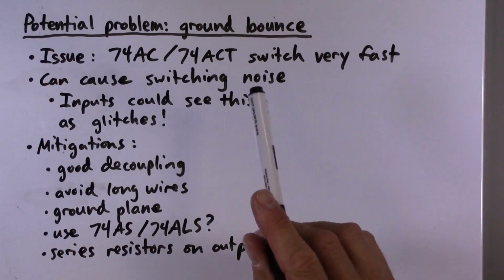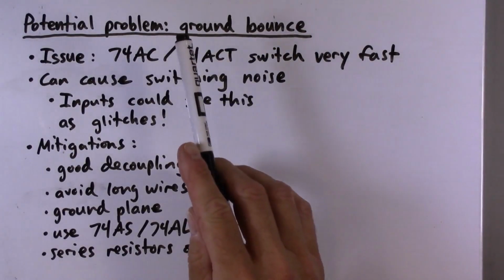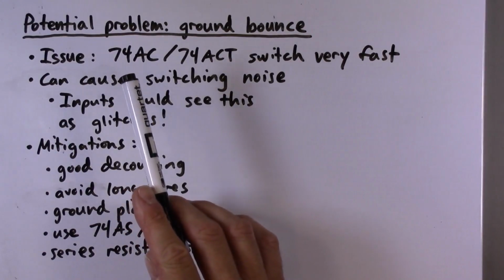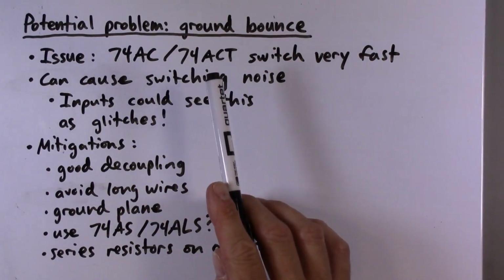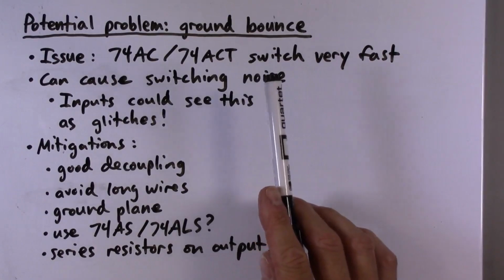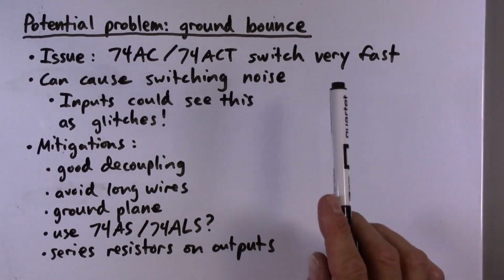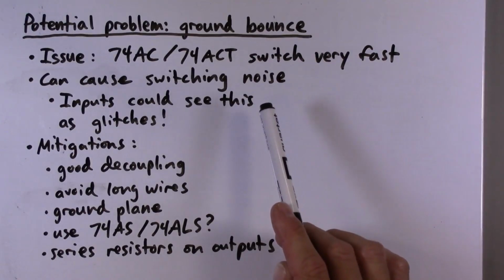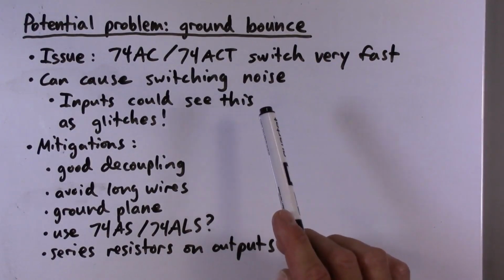So I mentioned that there was a potential problem on the horizon, and that problem is ground bounce. And the issue is that the 74AC and 74ACT logic series switch very, very fast from high to low and low to high, and this can cause switching noise, which inputs to devices could see as glitches.